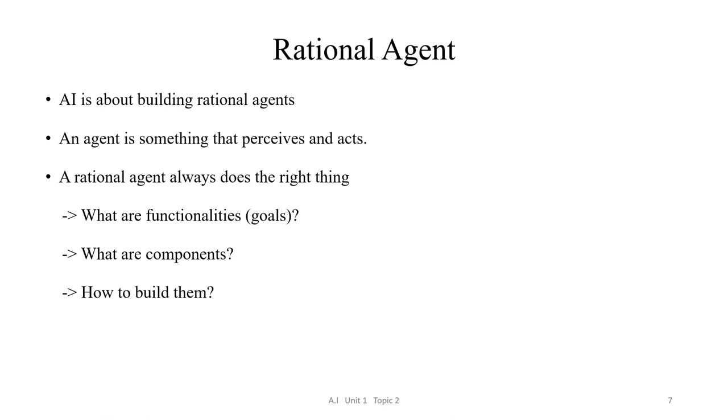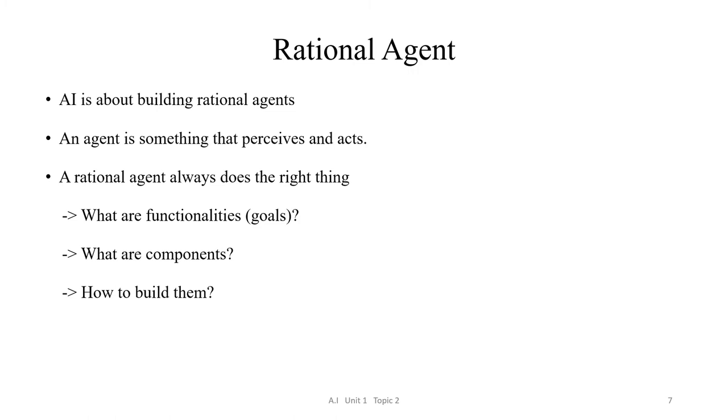Till now, we discussed what an agent is. Now we will change our discussion from agent to rational agent. Our entire syllabus deals with how to build a rational agent. As we already know, an agent is something that perceives the environment and acts according to it.